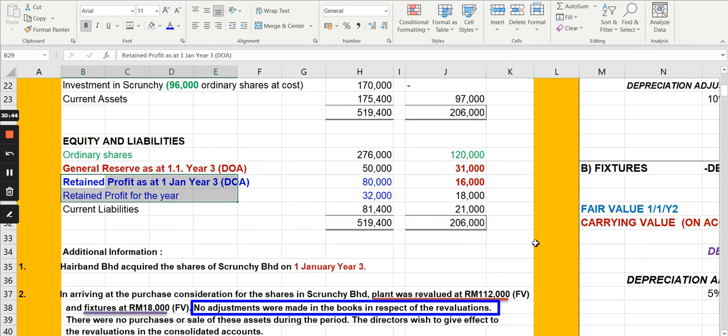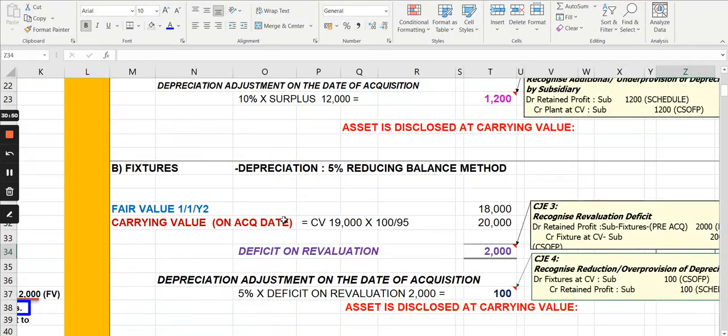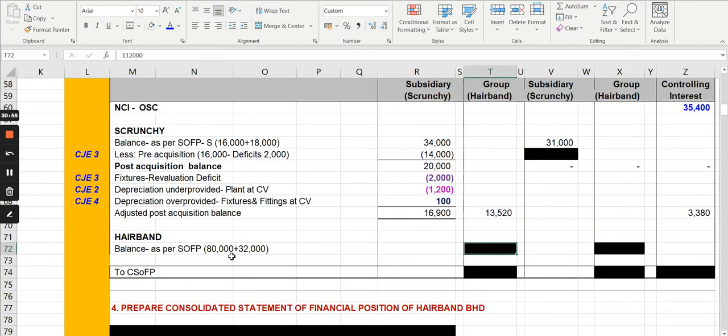So 80 plus 32 gives you 112. So that one being included there.